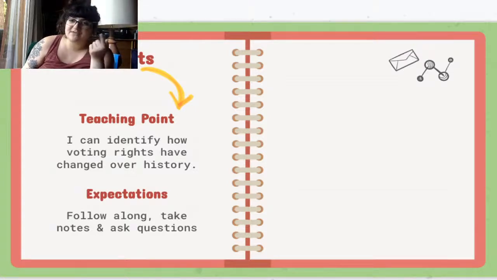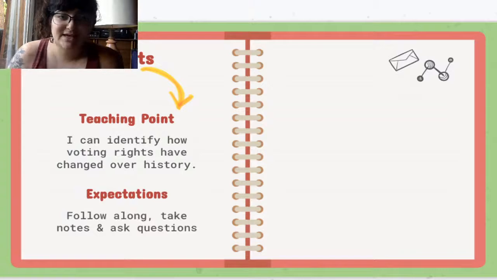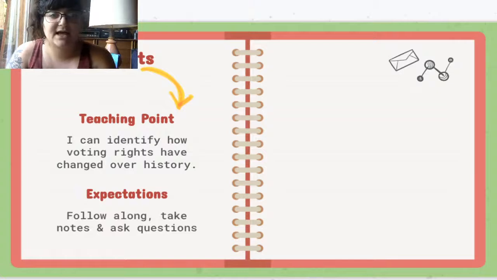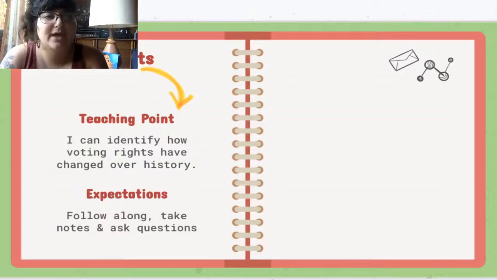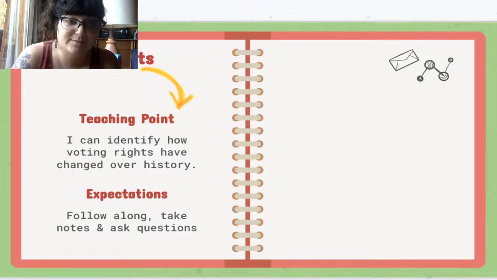The other piece I want to put out there is a focus question: how has voting rights limited certain people from voting? So rather than looking at who can vote, who does voting exclude? And why throughout history do we have moments of exclusion, of not allowing certain people to vote?